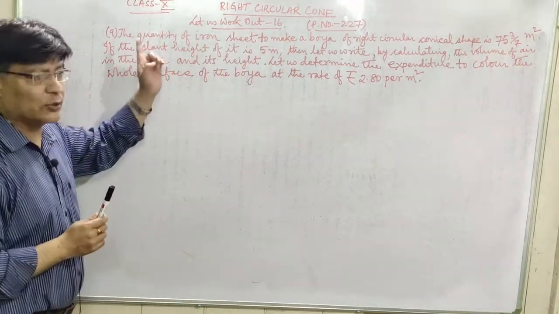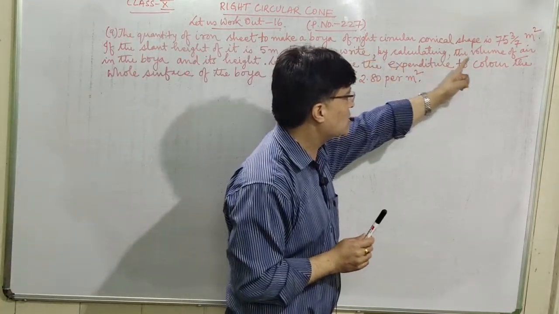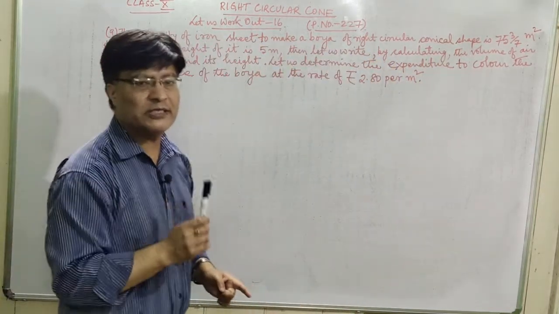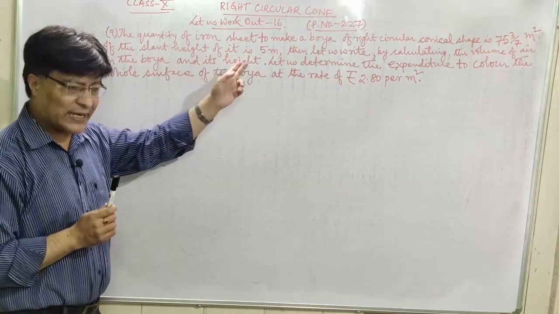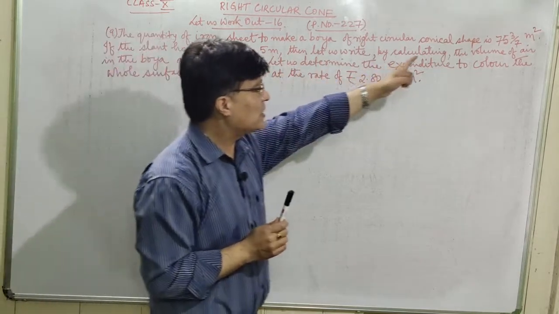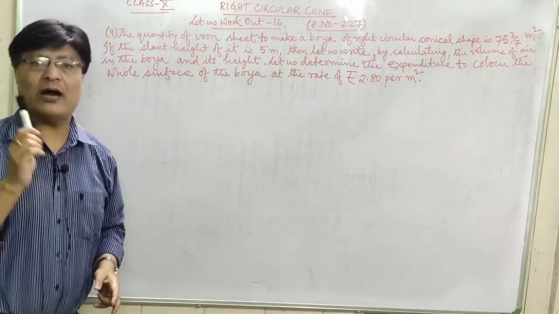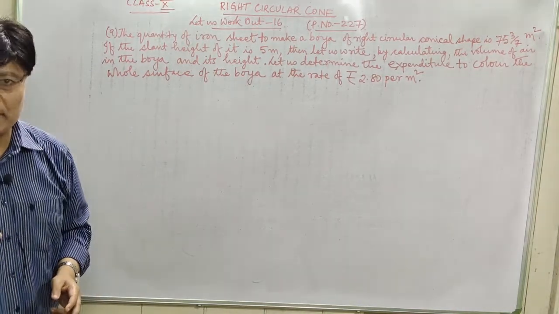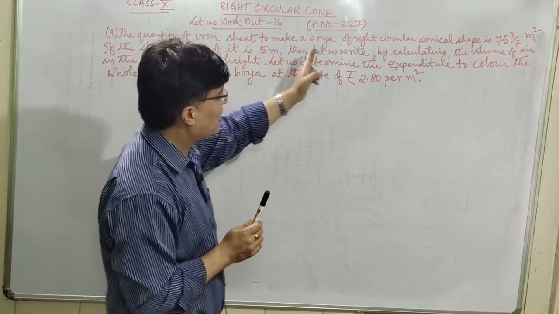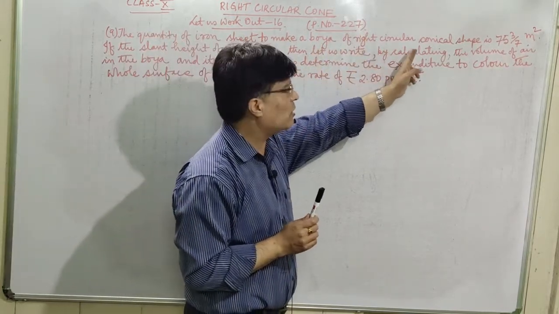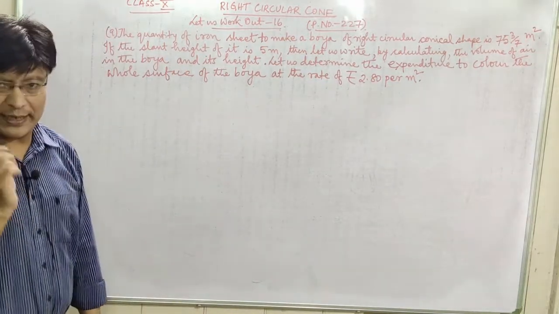So in this case the quantity of iron sheet to make a boya of right circular conical shape is 75 3/7 meter square. That means the whole surface area of the right circular conical shape is 75 3/7 meter square.